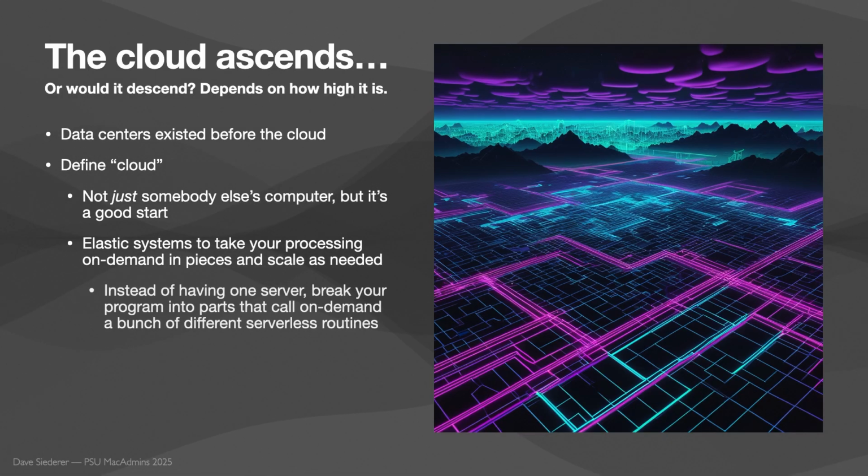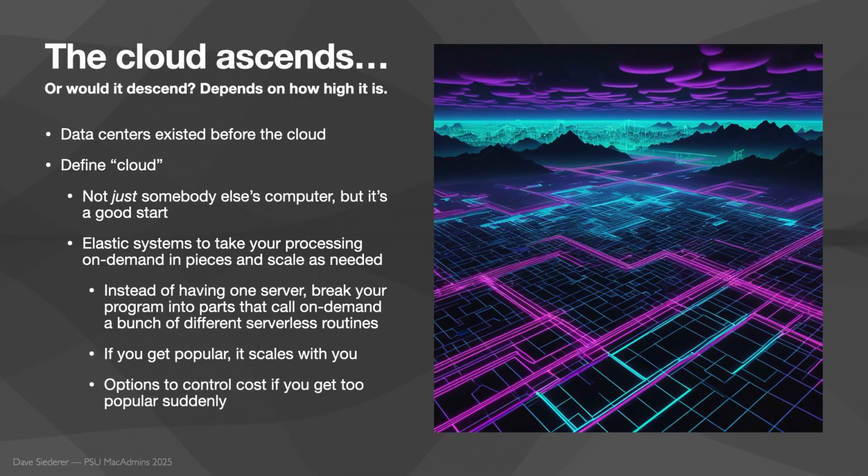It's a bit abstract, but the idea is instead of having one server, you'd want to break your program into the parts that make sense and have those parts execute as needed and scale as needed. So if you get popular, your app is going to scale with you. And if you get too popular, there are options to make sure that cost doesn't go too far away.